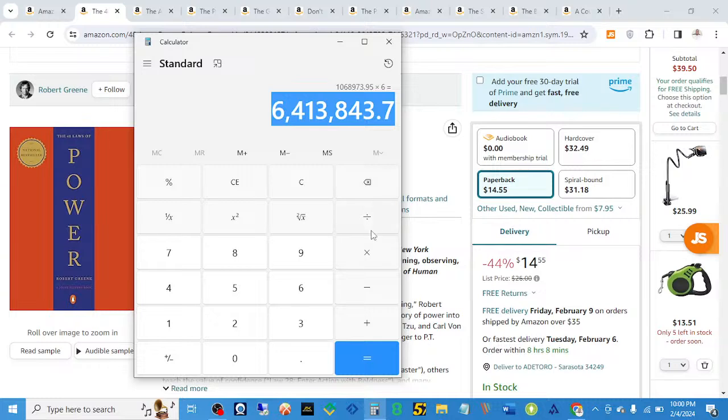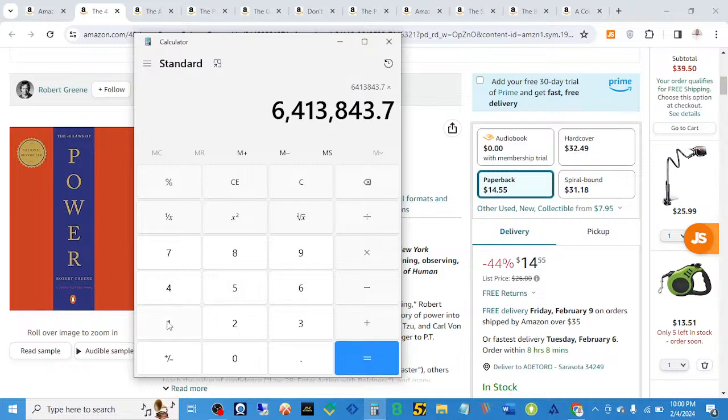Let's say for me, I am from Nigeria, and currently our exchange rate is terrible, at $1,400 right now as I speak. So that amount multiplied by 1,400. Can you see how much it is? 8.9 billion.